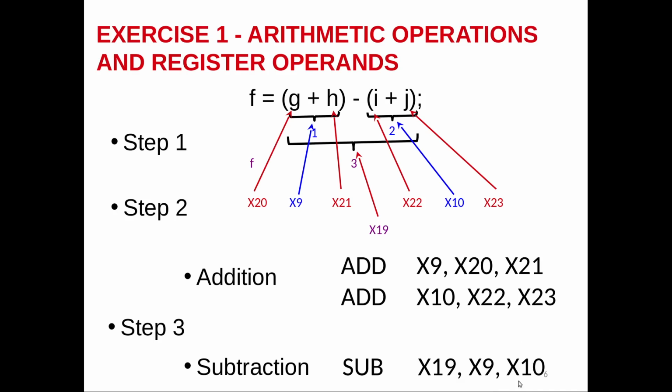So we will have X19, or F, equal X9, or G plus H, minus X10, or I plus J. So we will have the code for this equation. It will include 3 lines of code: 2 add and 1 subtraction.